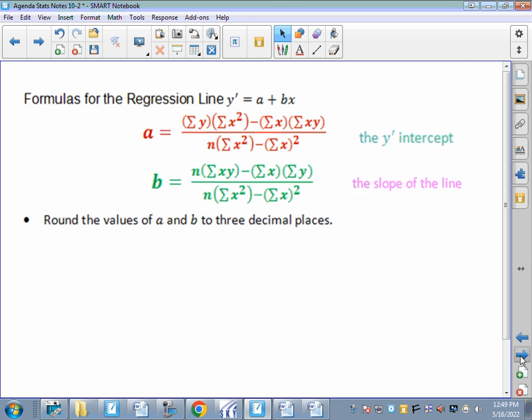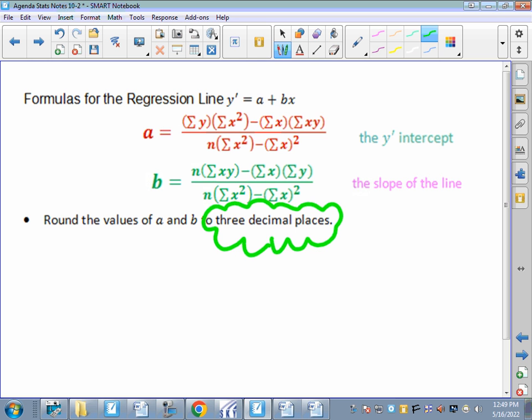Please round your values of a and b to 3 decimal places, just like we rounded our r value to 3 decimal places. So, I know it looks complex, but we've got all these things, all of our sums, and we've already probably potentially calculated r.